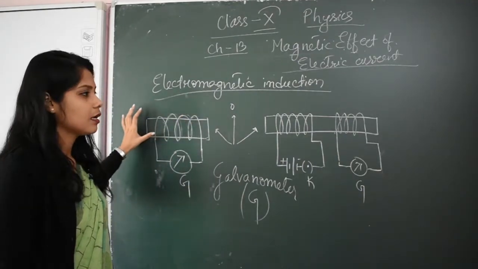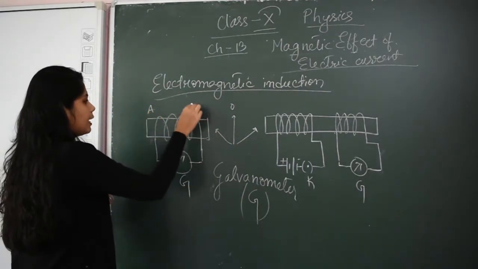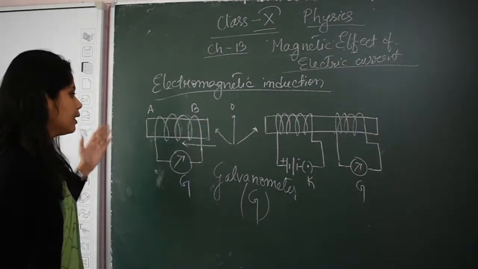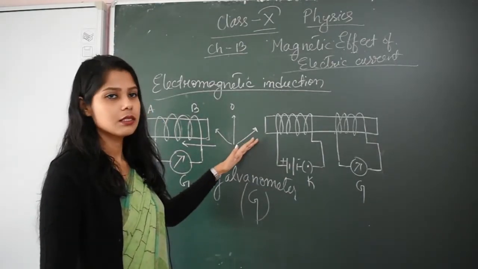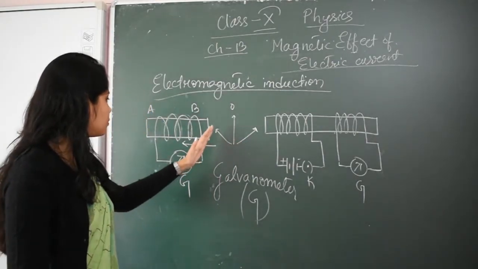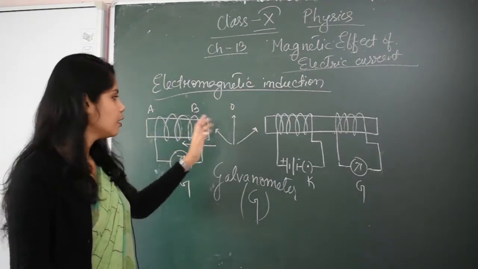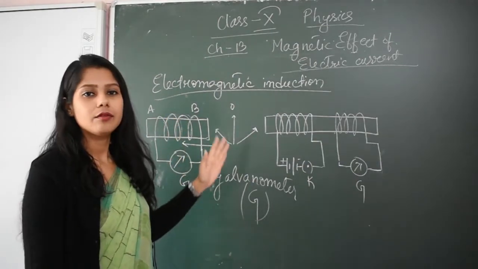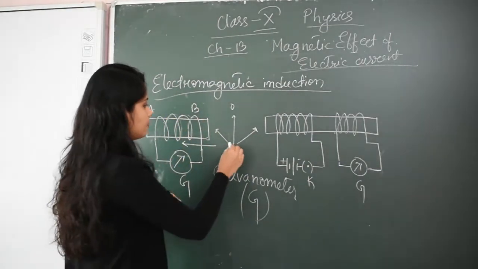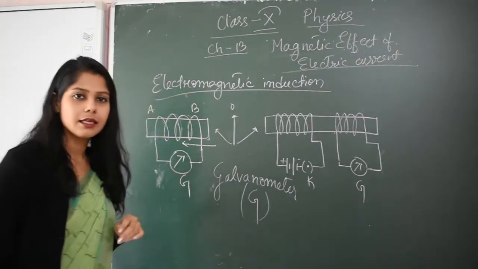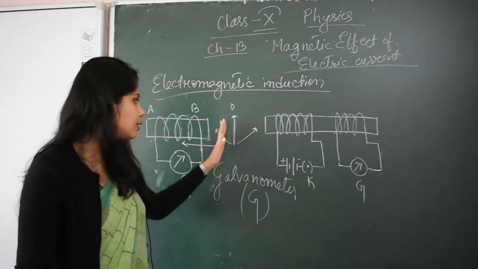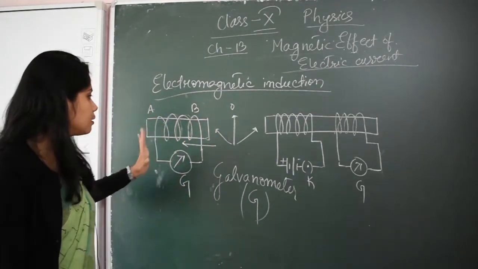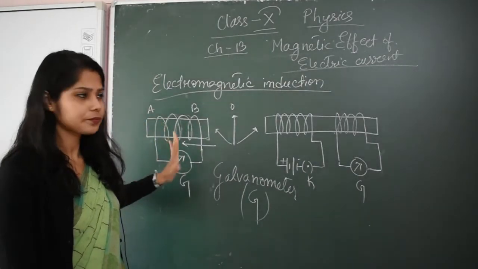If A and B are the ends of the coil, and I have placed a conductor from end B towards end A, then if the galvanometer shows deflection towards the right, the current is moving from B to A, and if towards the left, then from A to B. If the galvanometer is not showing any deflection and it is at the mark 0, straight and perpendicular, then there is no current in this conductor. We will say no current is induced in this coil.